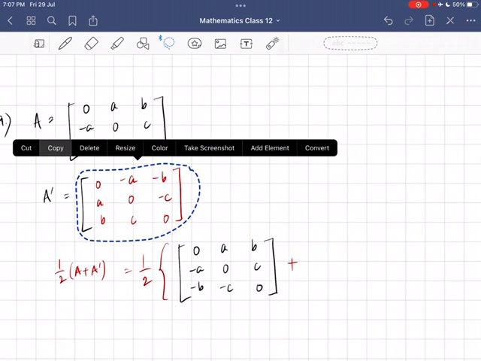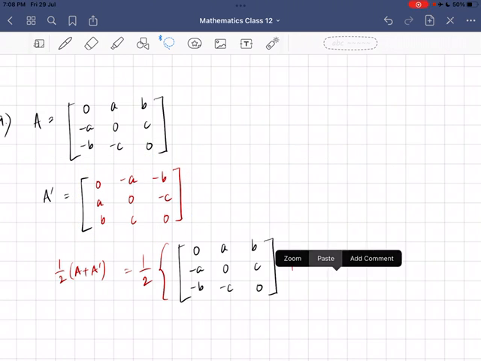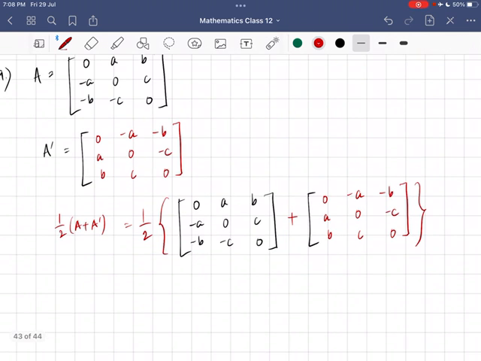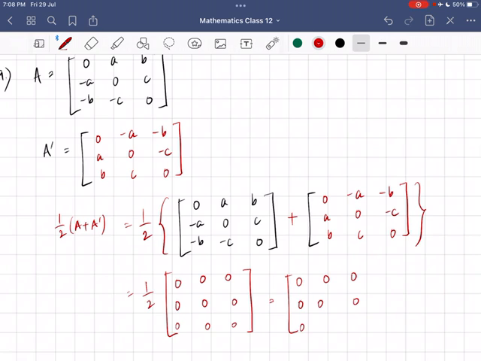So half of A plus A transpose, and see what we get. So we have half. Now if we add, 0 plus 0 is 0. A minus A is 0. B minus B is 0. So I think every single term becomes 0. So it is nothing but 0, 0, 0, 0, 0, 0, 0, 0, 0. So this is what we get, half of A plus A transpose.